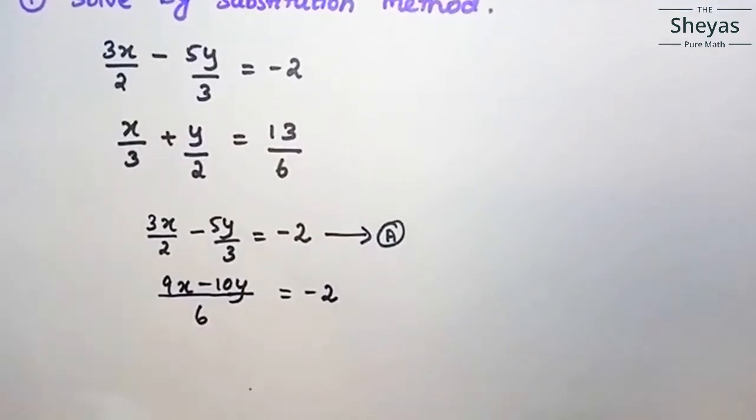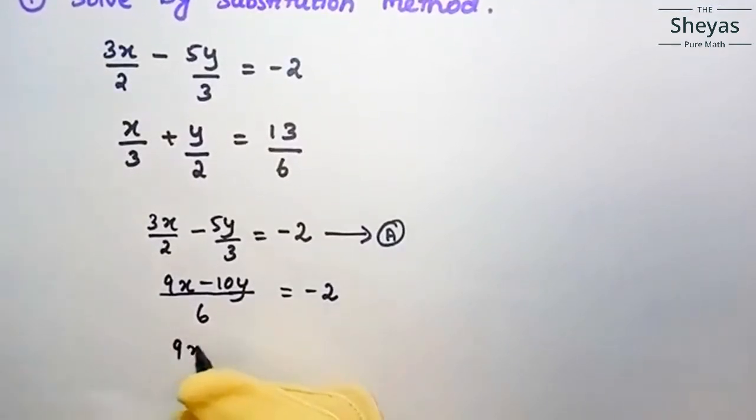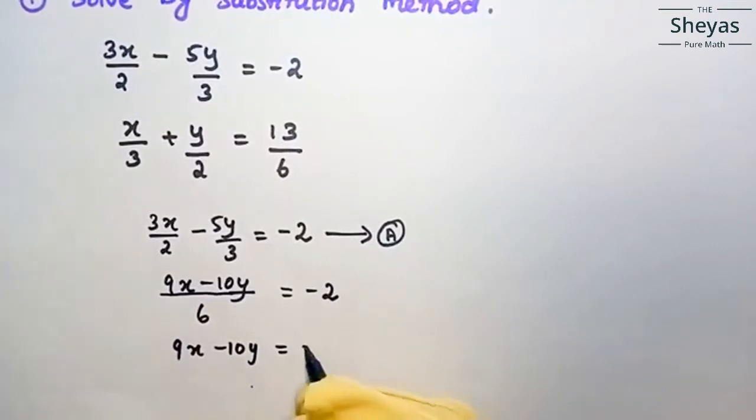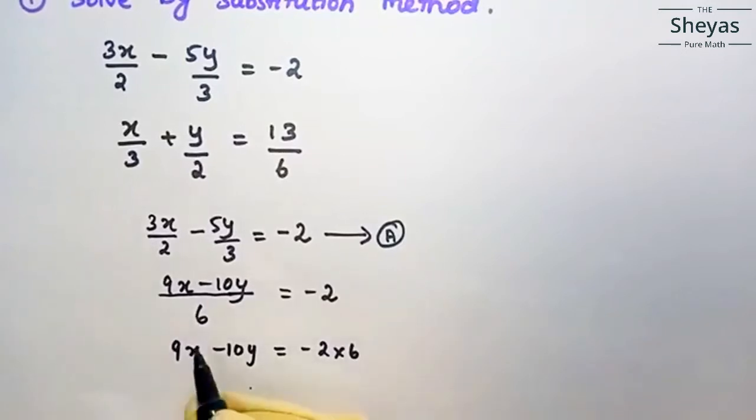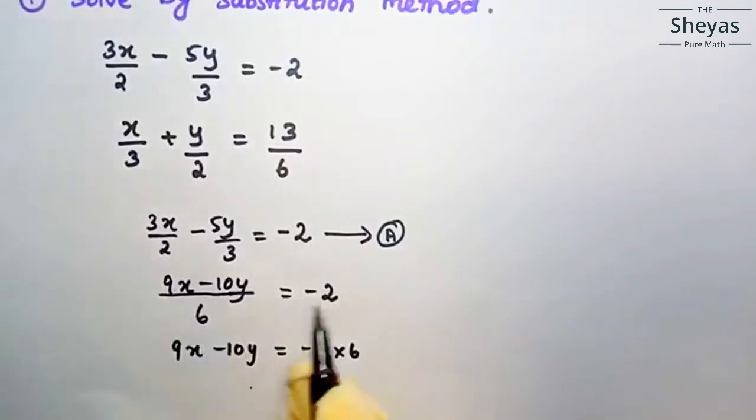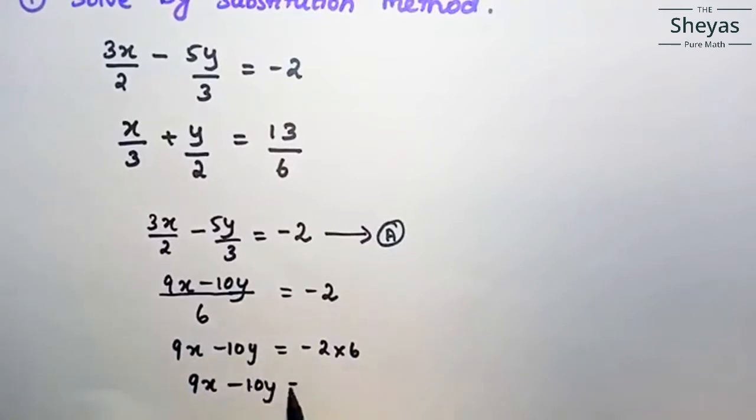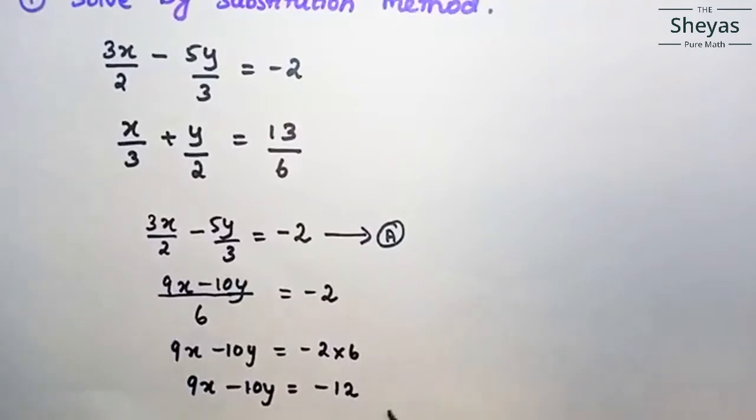So here 9x minus 10y is equal to minus 2 into 6, which is in the division part. If it goes to the other side, it will be in multiplication. Therefore, 9x minus 10y is equal to minus 12.